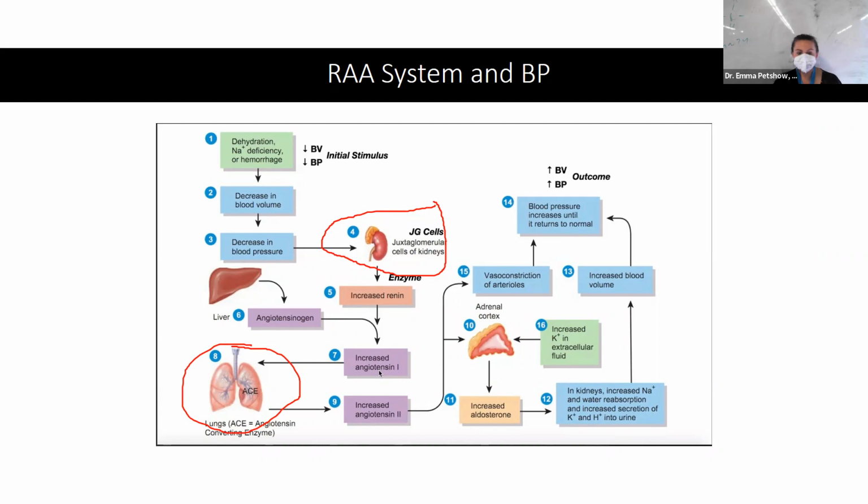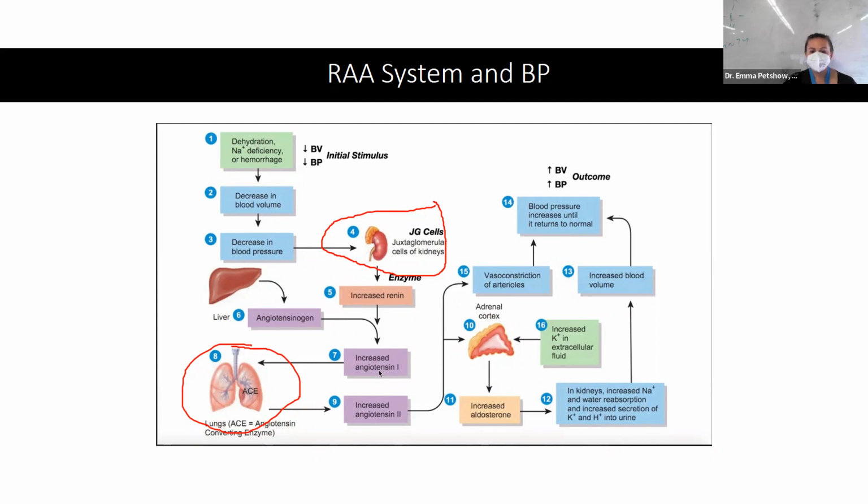On the adrenal cortex, it's going to increase aldosterone, which is then going to increase sodium and water reabsorption and increase secretion of potassium and hydrogen into urine. This reabsorption of sodium and water increases blood volume, which helps increase blood pressure. We're also going to see direct vasoconstriction of arterioles, which increases blood pressure.